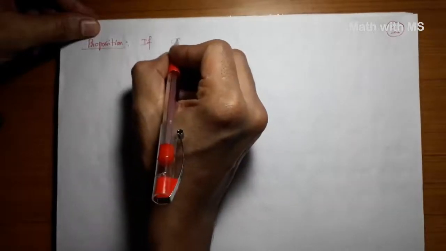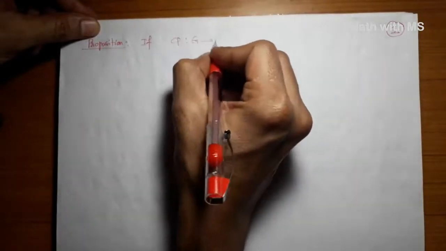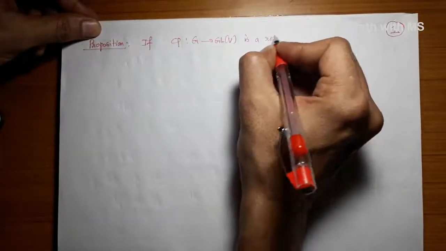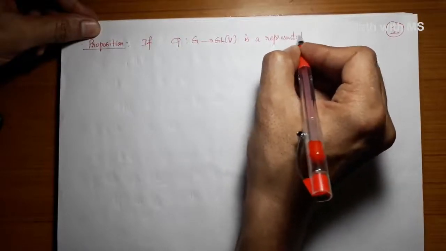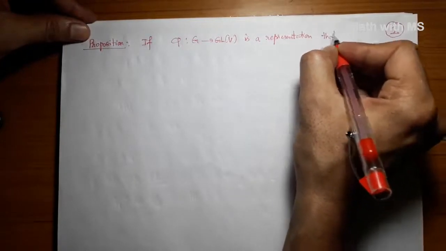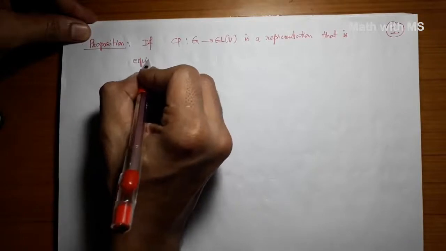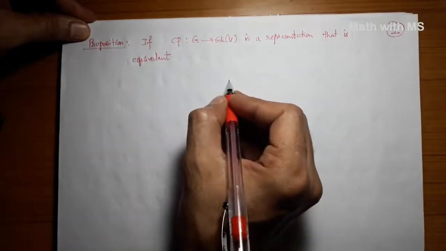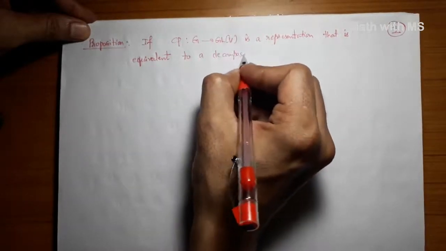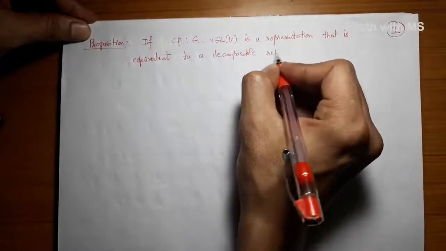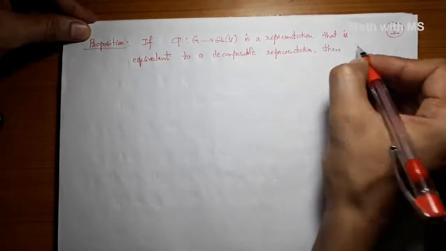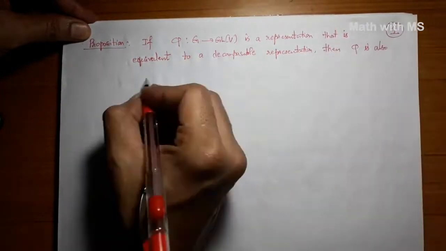If, let us say, phi from G to GL(V) is a representation that is equivalent to a decomposable representation, then phi is also decomposable.